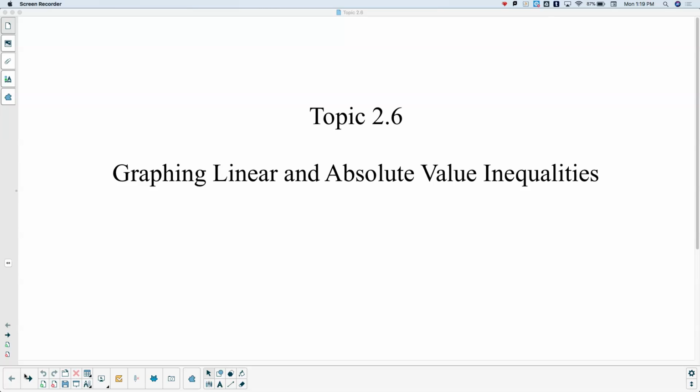Linear was what I had said. Okay, so we changed it to an equal sign first. Is that what you're saying? Okay. All right. First we change it to an equal sign. Then what?